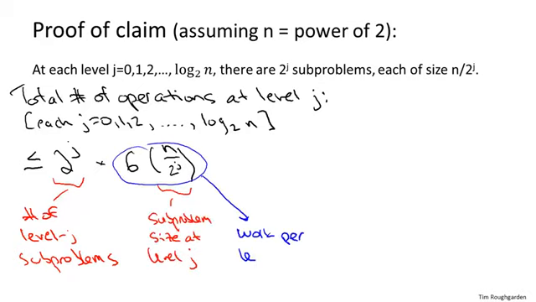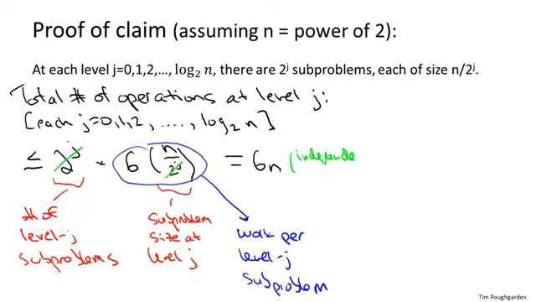So to compute the total amount of work done at level j, we just multiply the number of problems times the work done per subproblem, and then something sort of remarkable happens. We get this cancellation of the 2 to the j's, and we get an upper bound, 6n, which is independent of the level j. So we do at most 6n operations at the root, we do at most 6n operations at level 1, at level 2, and so on. Okay, it's independent of the level.